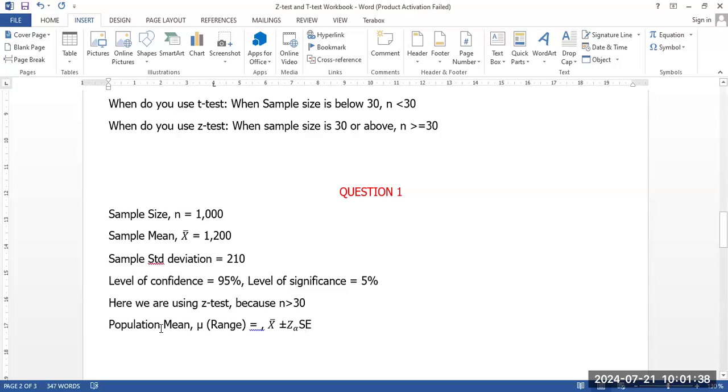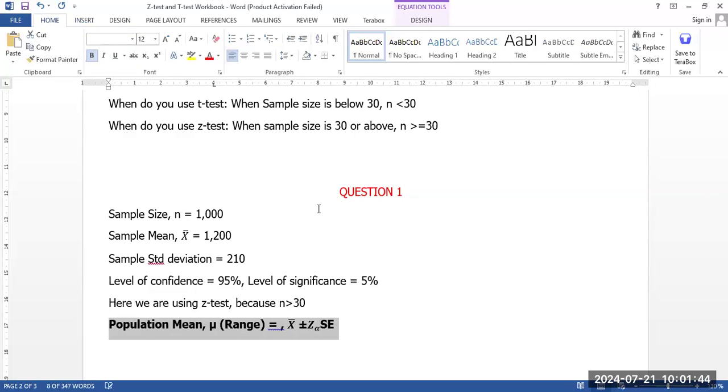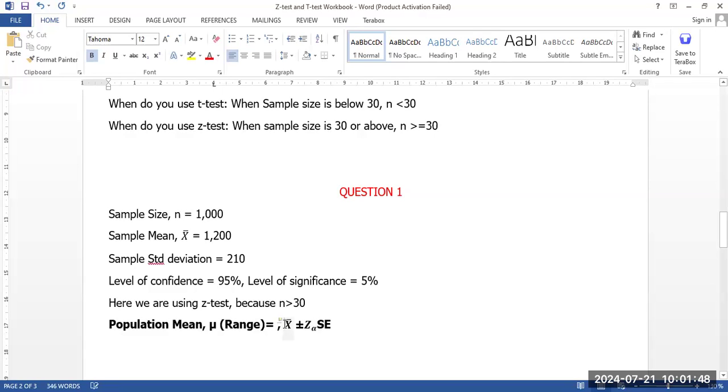Colleagues, that is the formula. As you go to exams, they give you formulas, yes, but I encourage you to know your formulas.